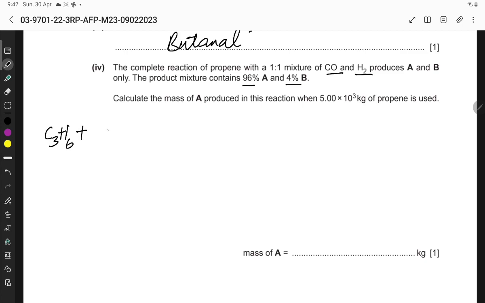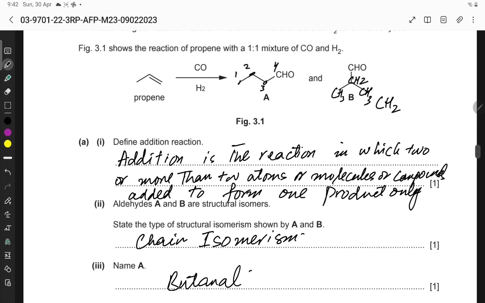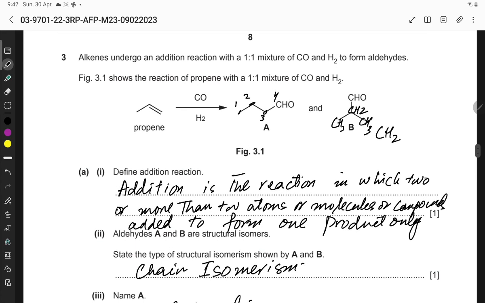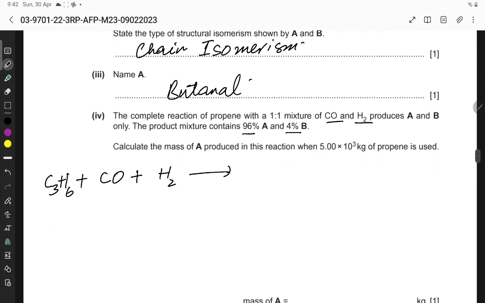C3H6 plus CO plus H2 produces A and B. C4H8O plus C4H8O.